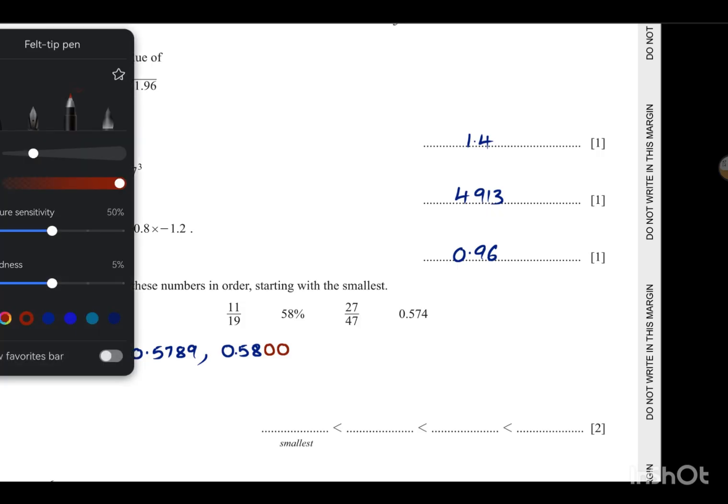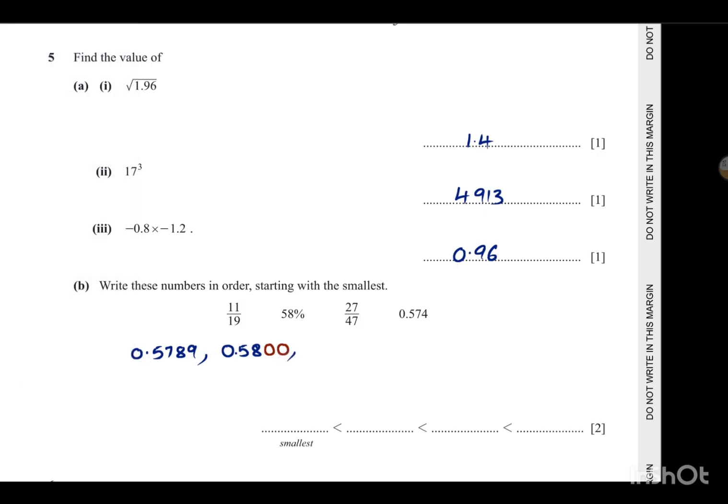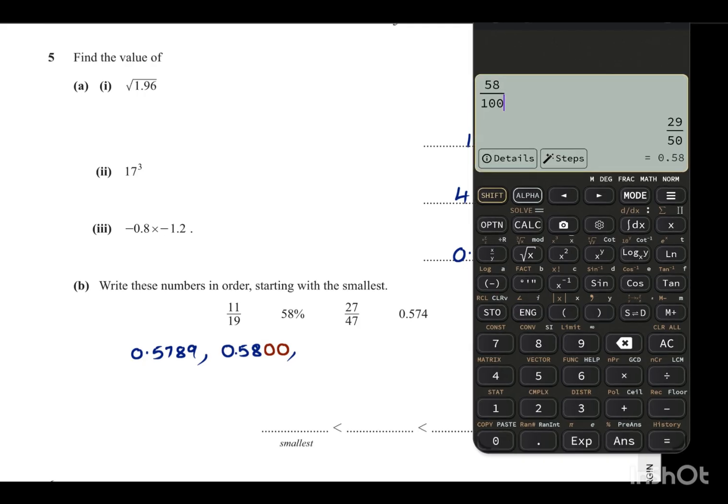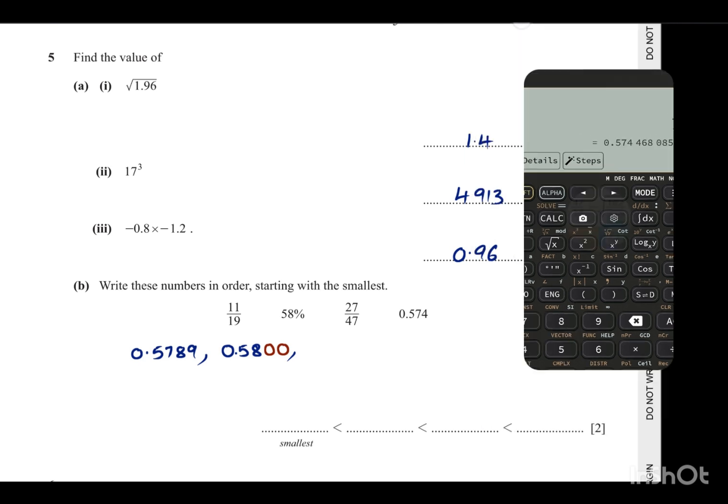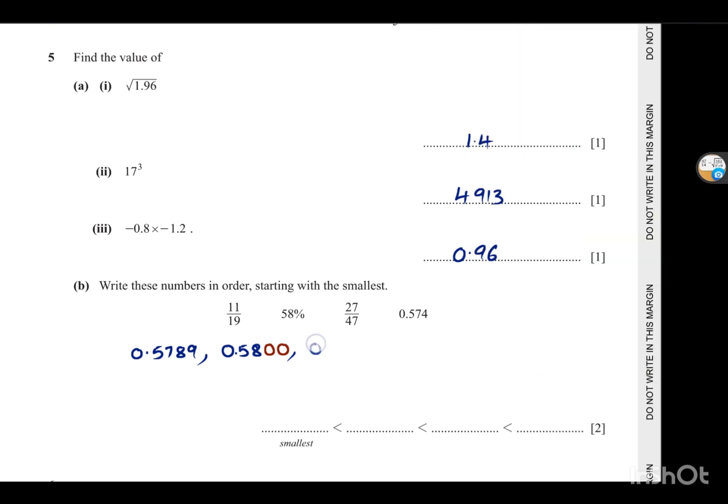Then next, 27 by 47, do that also. Just change the numbers in the numerator and denominator and find the answer. 27 by 47 will be 0.5744.